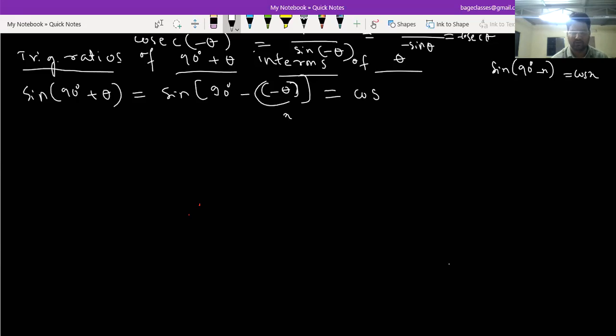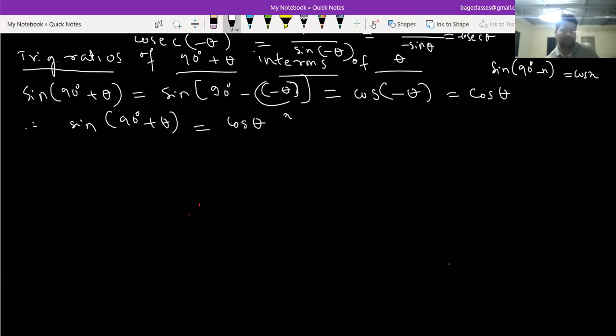But what is x here? Minus theta. Then what is cos of minus theta? Already you have discovered it. Cos of minus theta is equal to cos theta. Now we got the result: sine of 90 plus theta is equal to cos theta. Remember this, sine 90 plus theta is cos theta.